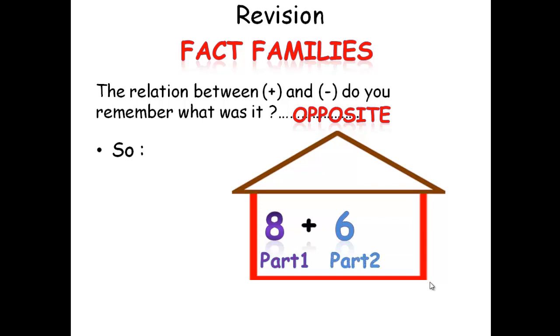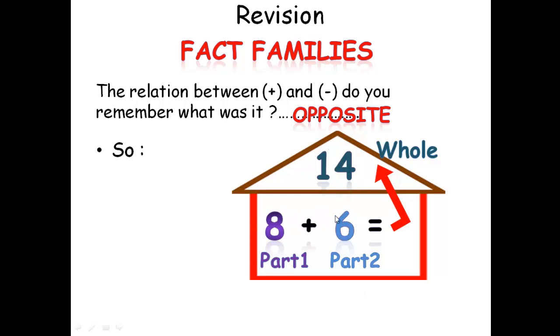Now, if I gather these two numbers together, they would give me the whole, which is number 14. 8 plus 6 is giving me 14, and this is called a whole number. So in this house, I have these three numbers living there: number 8, number 6, and the whole, which is number 14.